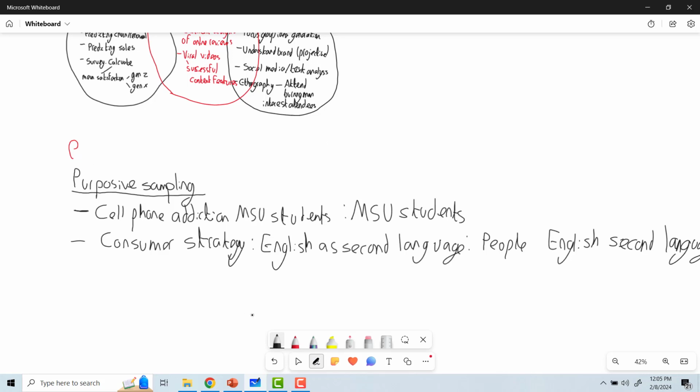Okay, so the next example is going to be stratified purposive sampling. And here, we want to form some sort of contrast between groups. So we're looking at maybe contrast between groups.